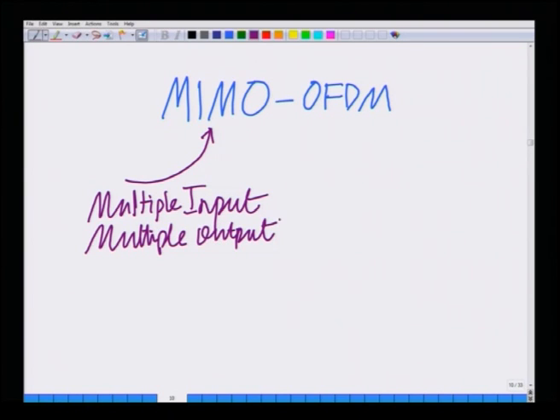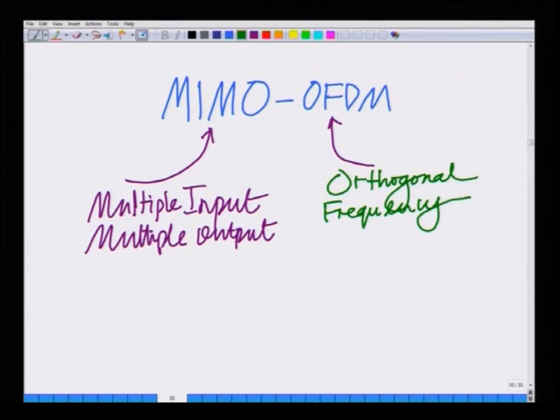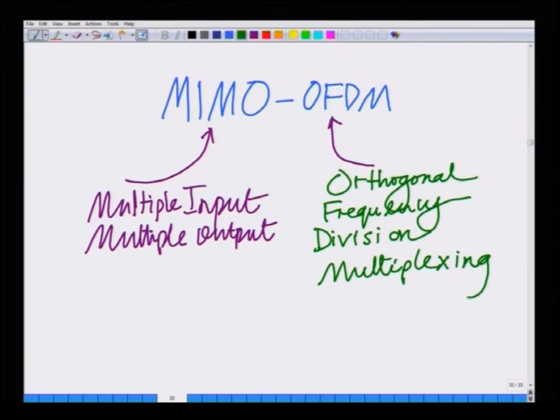Where MIMO, as we already know, stands for multiple input, multiple output wireless systems, and OFDM, just to remind you, stands for orthogonal frequency division multiplexing. MIMO is nothing but having multiple antennas at the transmitter and multiple antennas at the receiver.